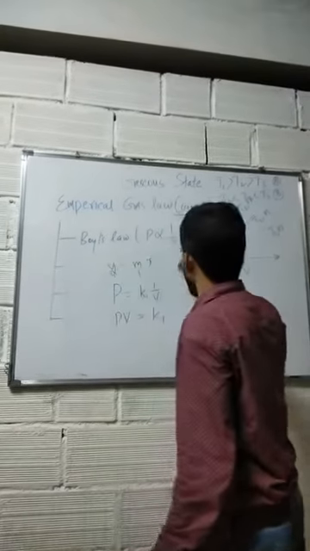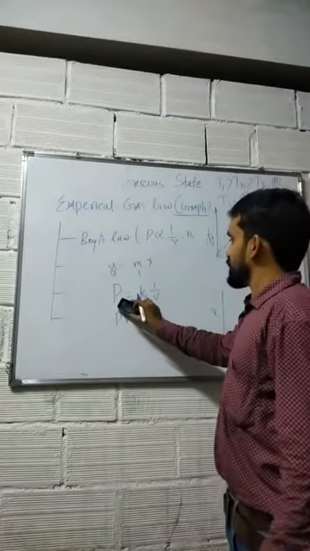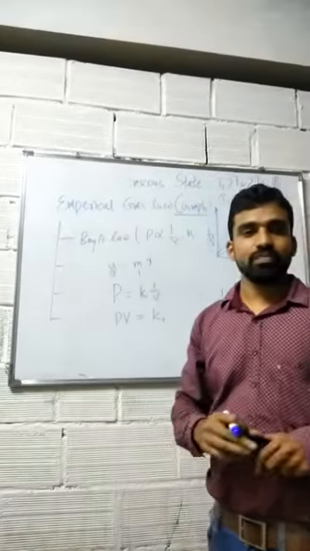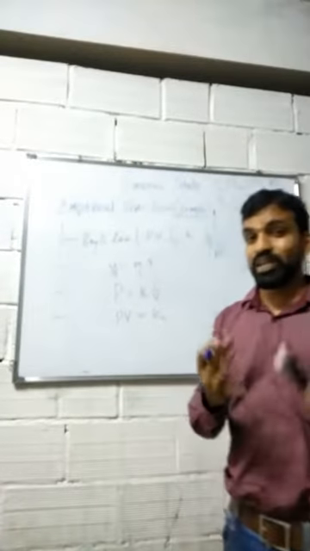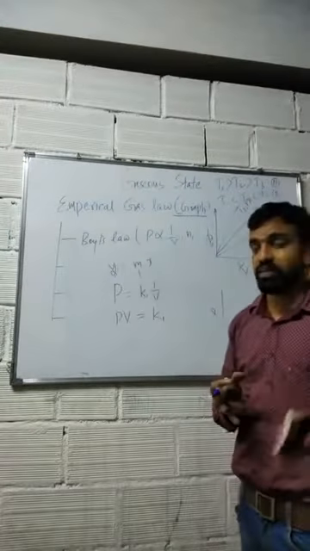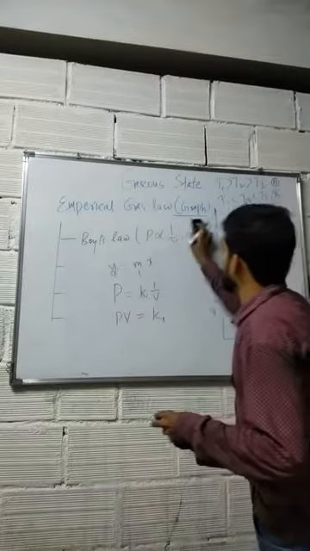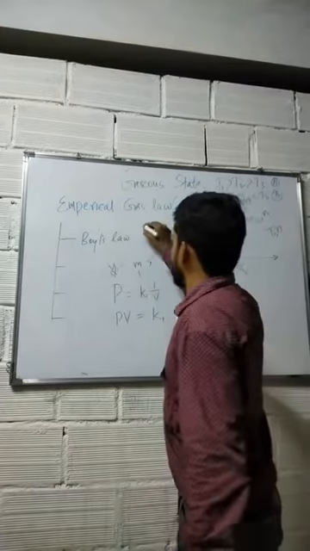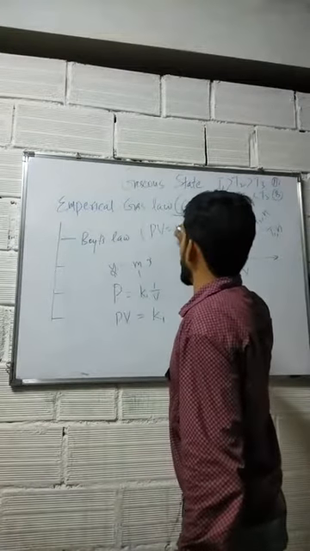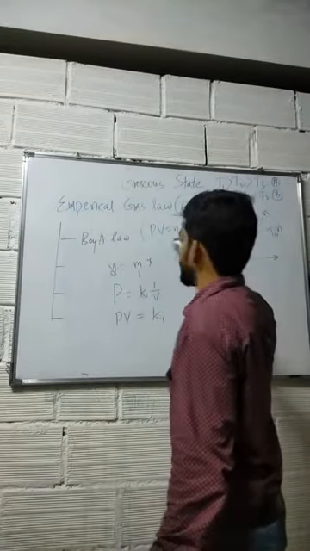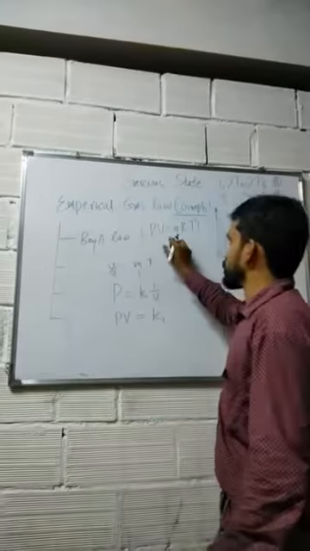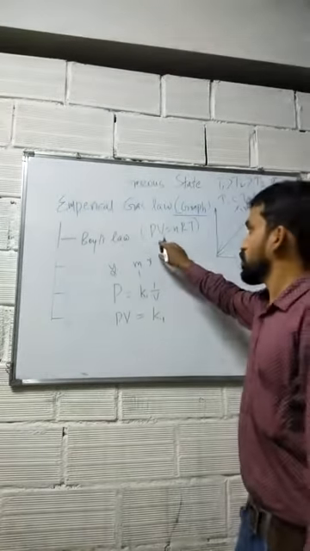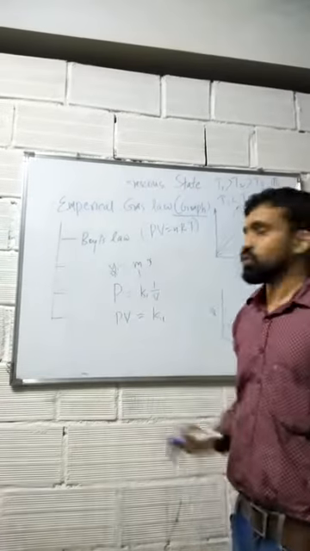So, you know that P is equal to K1 into 1 by V. Again, a very simple way to explain this graph is, you know that PV is equal to nRT. This is the universal gas law equation. You also know about this equation. Okay.